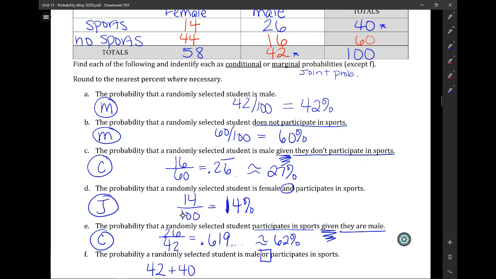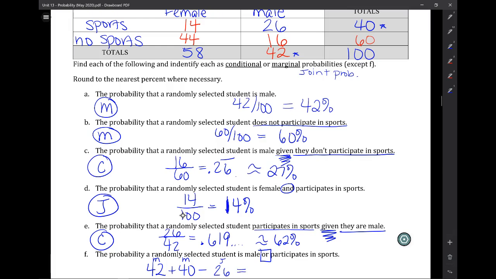But if I'm adding up these 42 and these 40, then that means these 26 males that play sports are being counted twice, and I only want to count them once. So when you see or, you're going to add the two marginals, marginal plus marginal, and subtract the joint probability of those two, and that will give you your or.